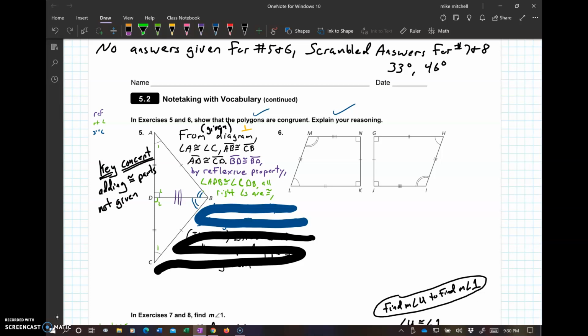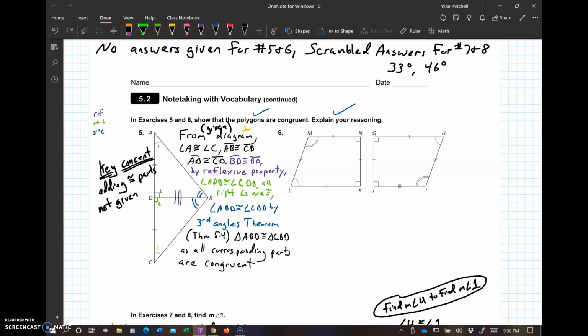The blue one, that is my 3rd angle theorem. Angle ABD is congruent to angle CBD, and that is my 3rd angles theorem. And then I got my final statement, theorem 5.4, triangle ABD is congruent to triangle CBD. All the corresponding parts are congruent. I got 3 sides, 3 angles in each of the triangles.